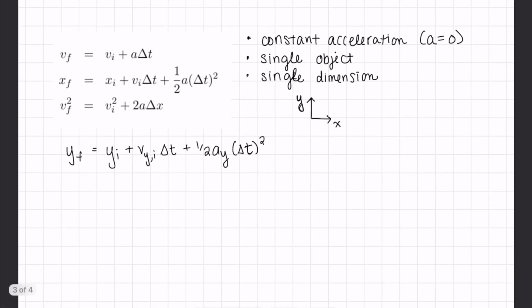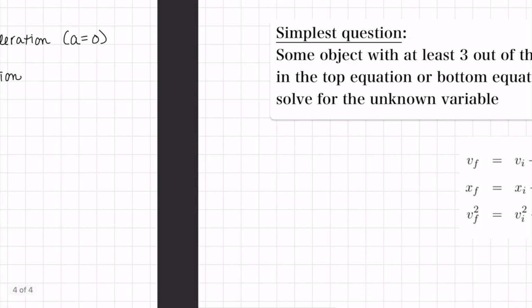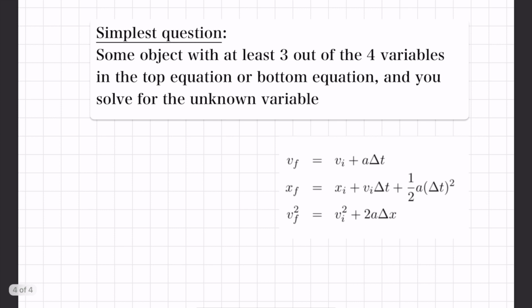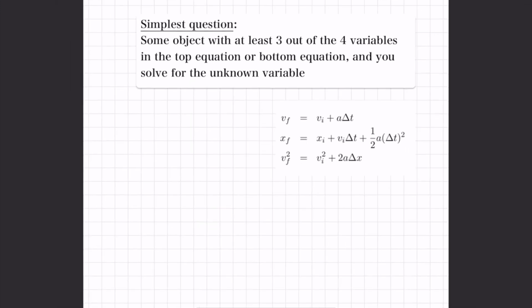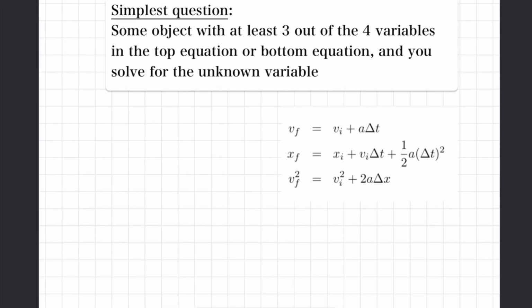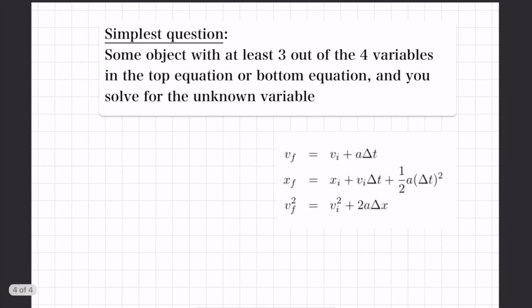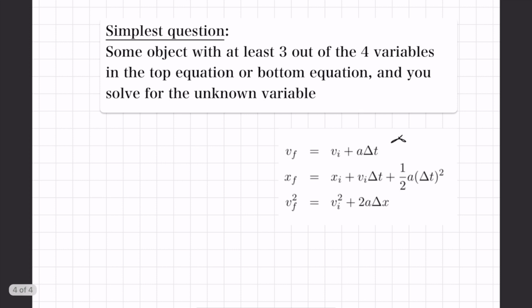So let's take a look at how this plays out in an actual problem and the simplest boiled down kinematics question that we can have. The absolute simplest type of question that just uses the equations is some object, and they have to give you at least 3 out of the 4 variables, either from this top equation or from this bottom equation.